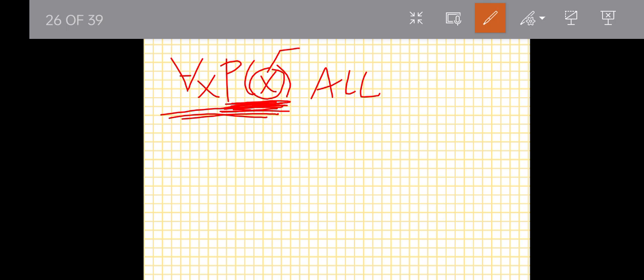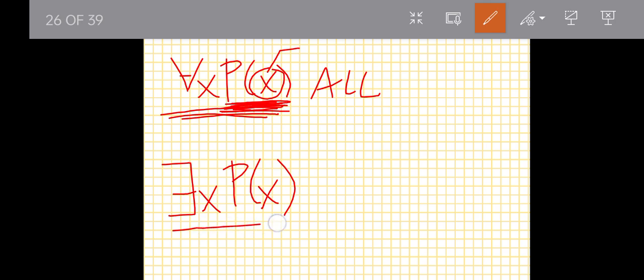Okay? So, last meeting, we also discussed another type of quantifier, the existential quantifier, also denoted by this phrase: there exists x, P of x. Meaning to say, its truth value depends on the truth value of our P of x.